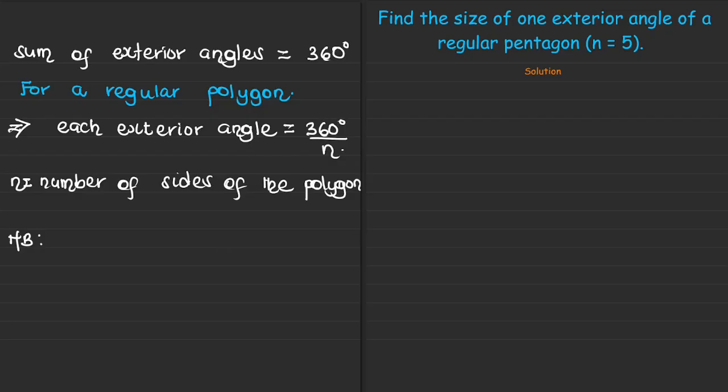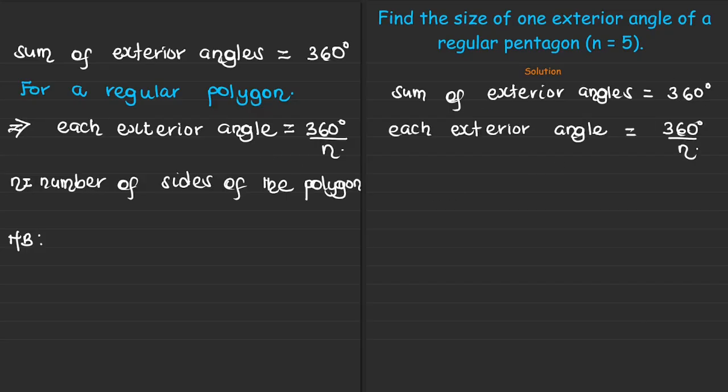So we know first of all that the sum of exterior angles equals 360. Now since we want just one of them, and moreover because it is a regular polygon, if it was irregular, there was no way we would have even gotten that. So because it's a regular one, then we know that each exterior angle is what? The sum of all of them, that is 360 divided by n.